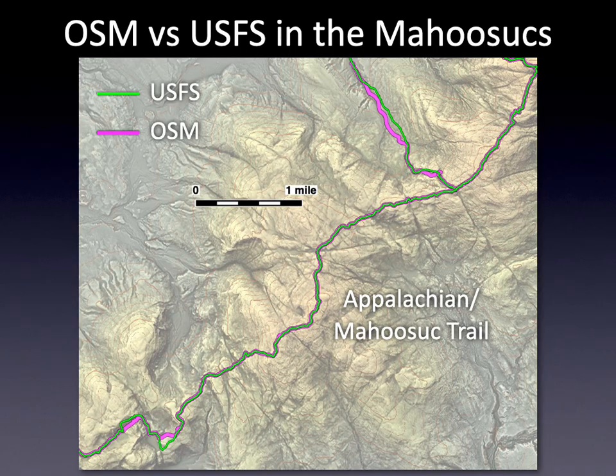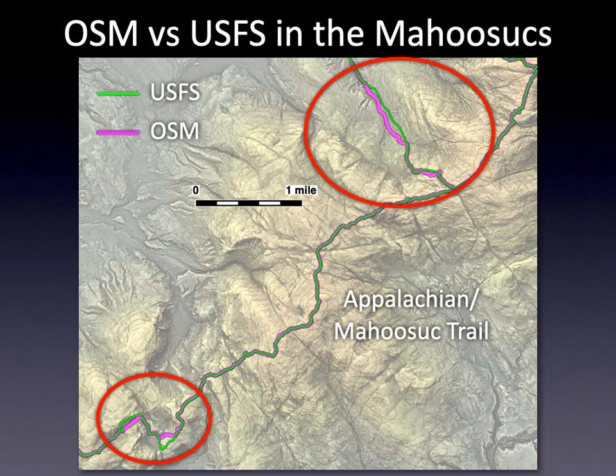This is a notoriously rough and difficult set of trails, and you can see that overall there's excellent agreement between the two, but there are a couple of places where they disagree, and we don't actually know which is more accurate without going there ourselves and seeing them.